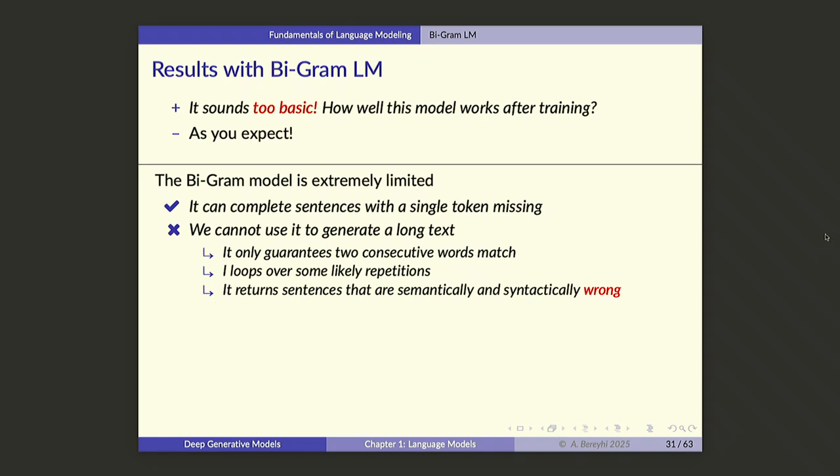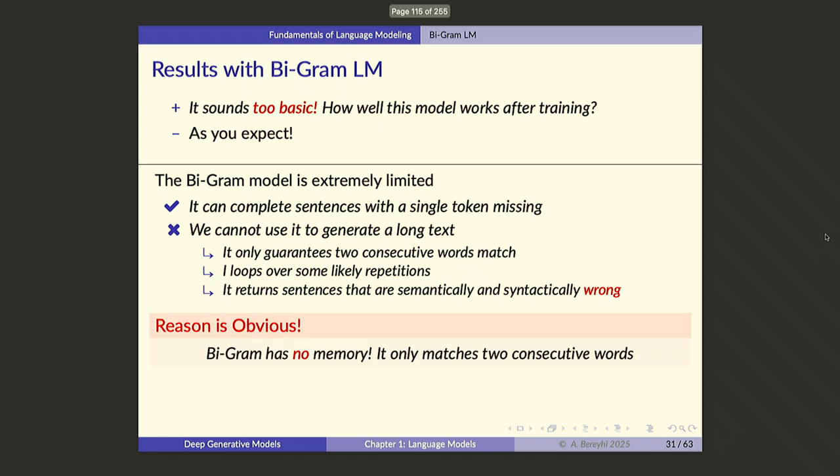Do you have any idea why this is not going to generate a meaningful sentence? What is the issue here? The context is too short, right? It's only looking at this last token, the last word. And in a real language, it doesn't make sense. You can say the next word only when you know the whole context before that, right? And you right now have zero memory here.